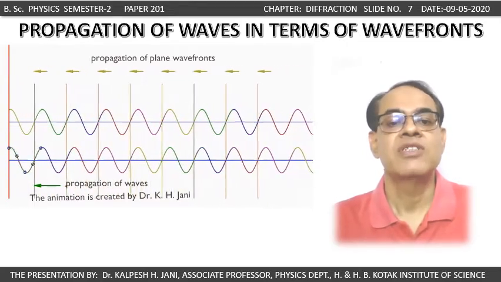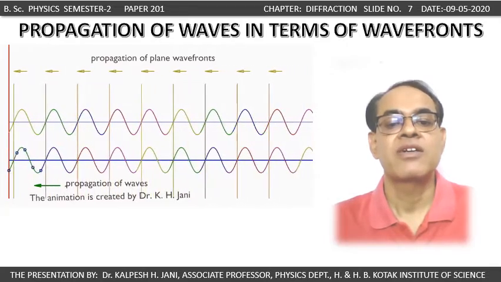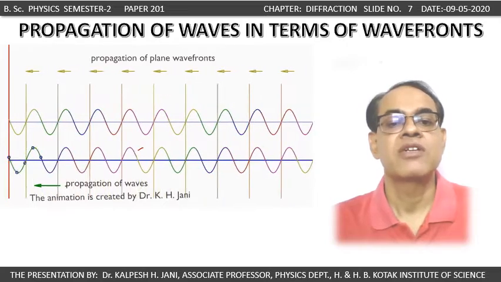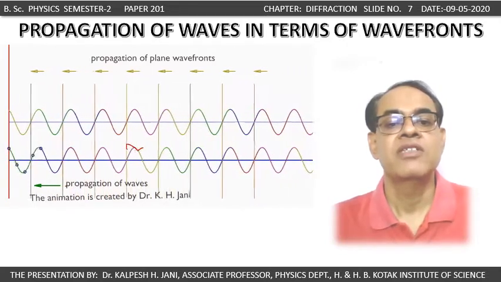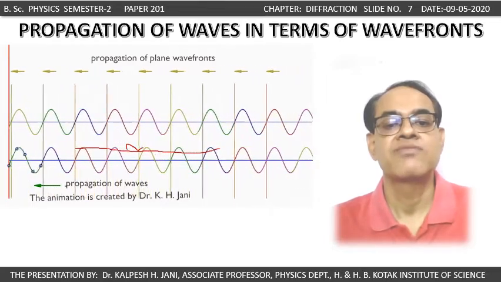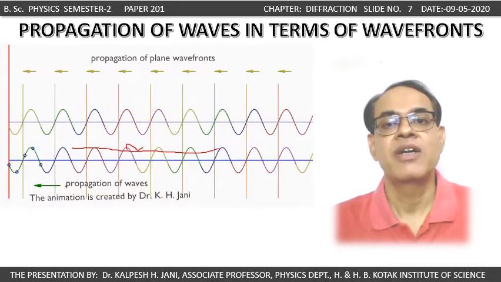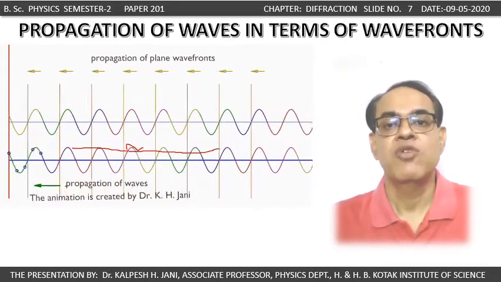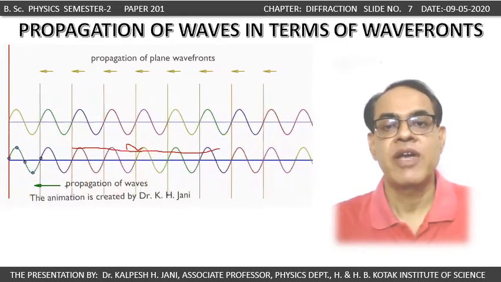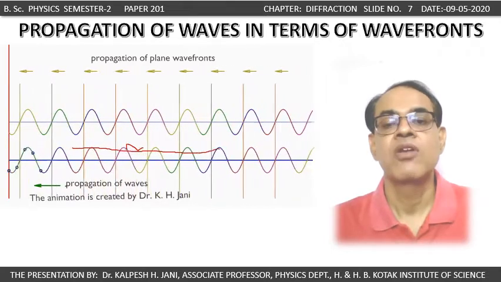As you can see here, all the points which are at the crest of the wave, suppose you take a crest here, then this point goes on moving in this direction. So the motion of the wave can be regarded as the motion of phase points in one particular direction, that is, in the direction of wave propagation.